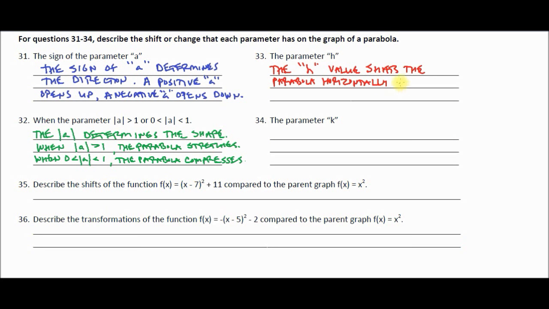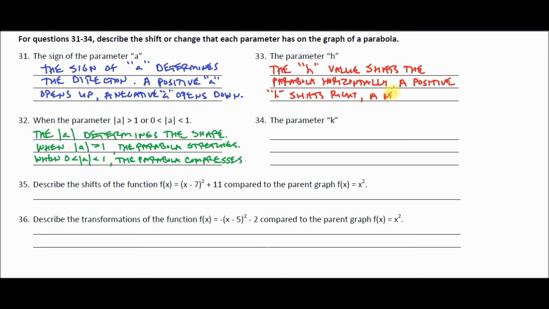Horizontal means we're going left and right. Let's describe what we know about this. A positive h shifts right.